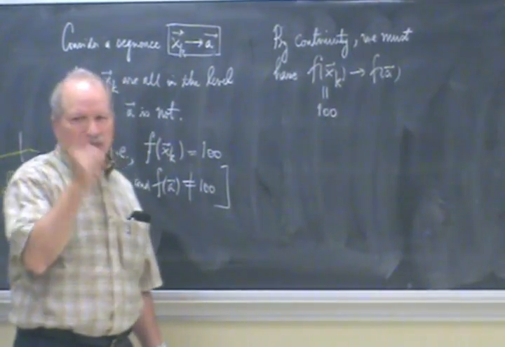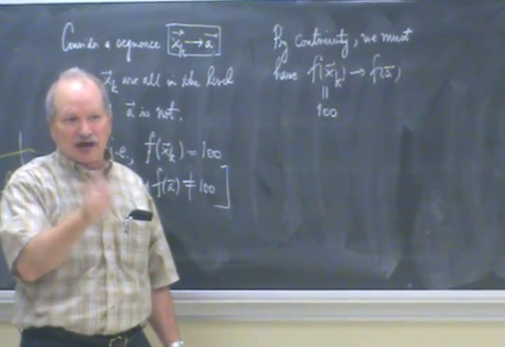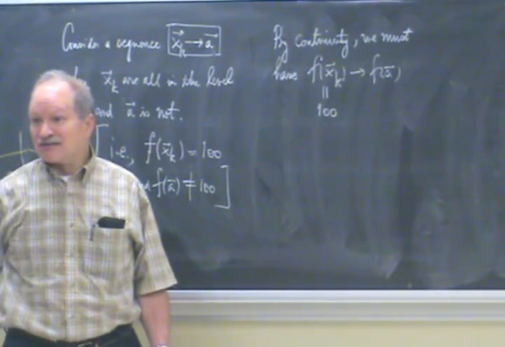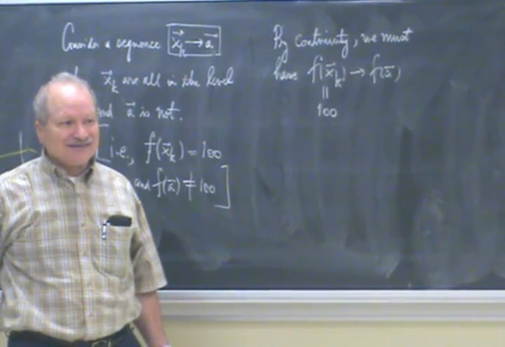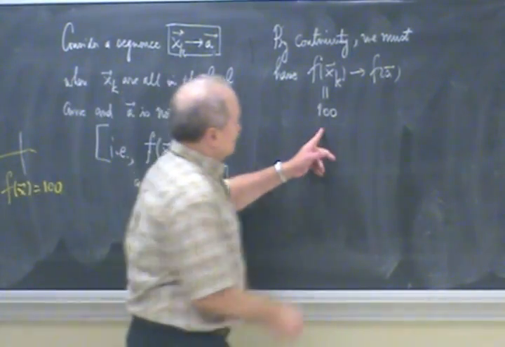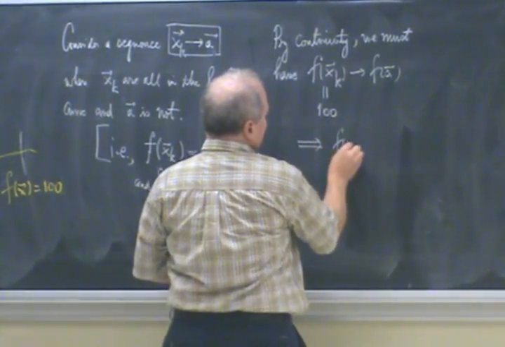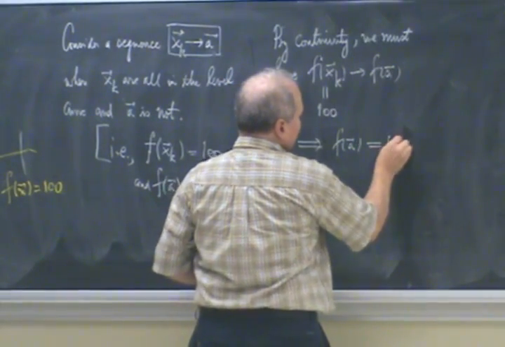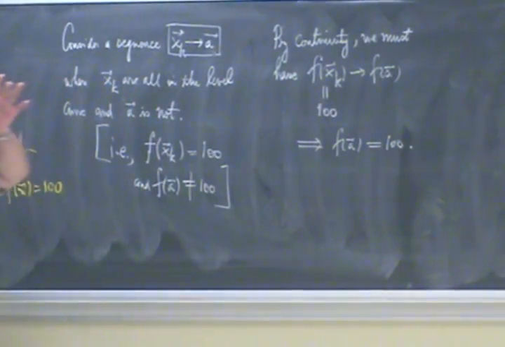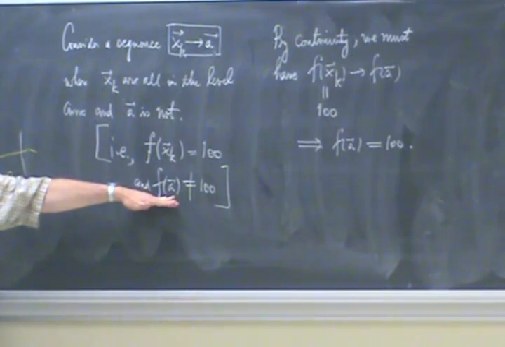You have a sequence 100, 100, 100, 100, and so on. What does it converge to? 100. So you can't have f of A different from 100 if the function is continuous at A.